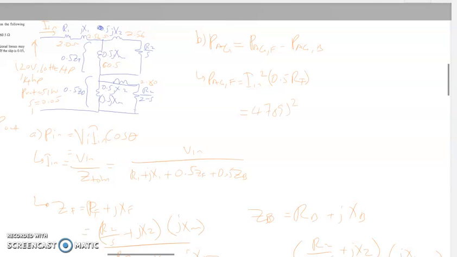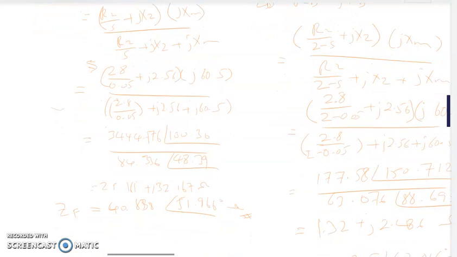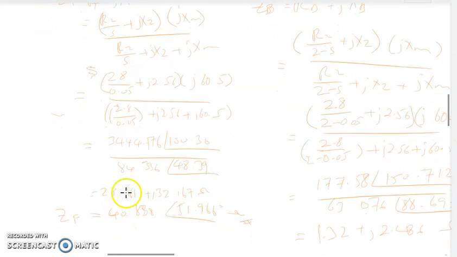So I we have calculated, which is 4.789, times 0.5 times RF, and the RF that we calculate from the forward impedance, which is this one. That's why we need to write in terms of complex number as well, because we need this one.